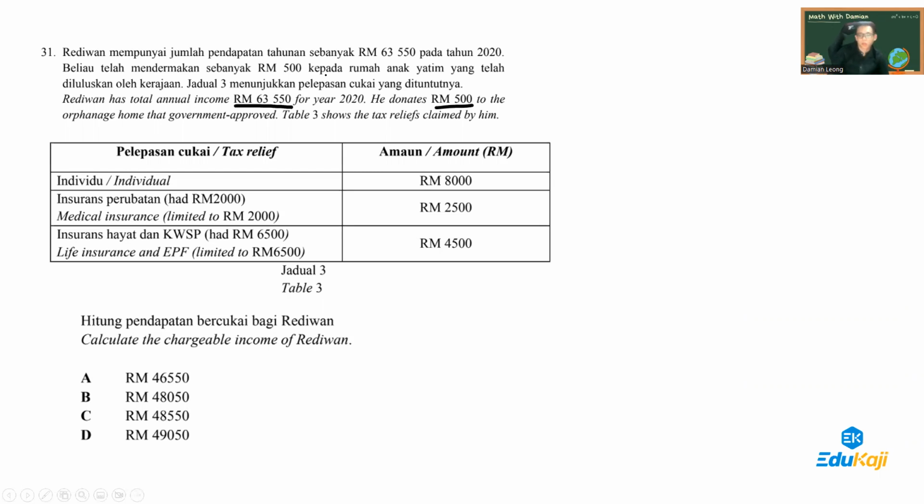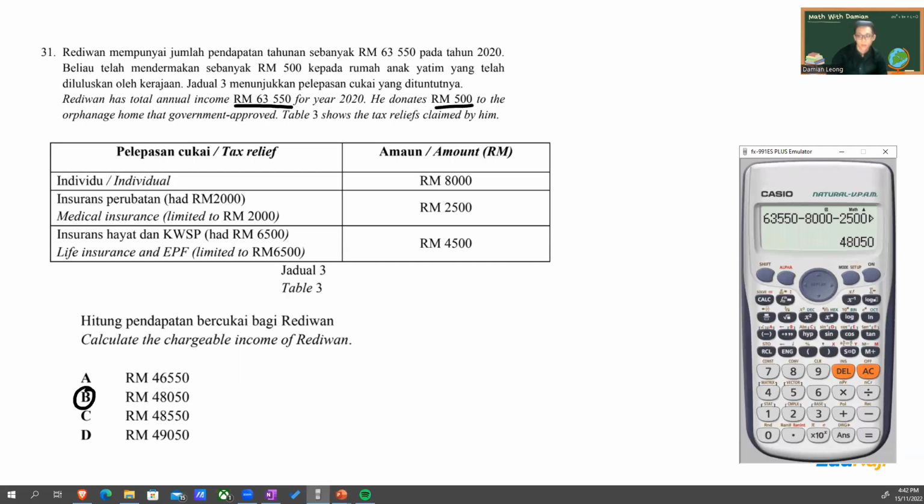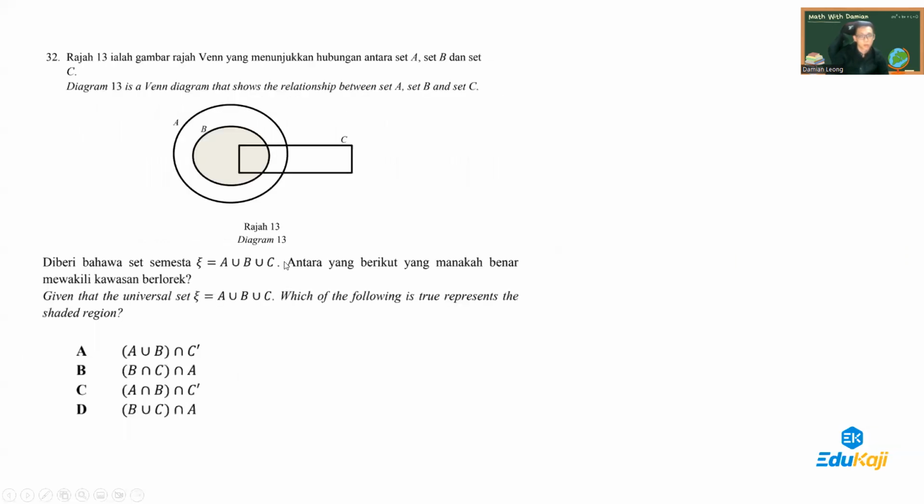Although it deducts from the aggregate income, meaning the total income, instead of deducting from the chargeable income, which is slightly different, in the end it still pushes down your chargeable income. So yeah, answer should be B. Right? Then question 32.